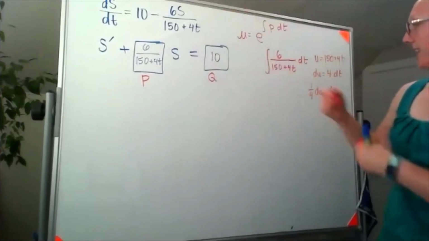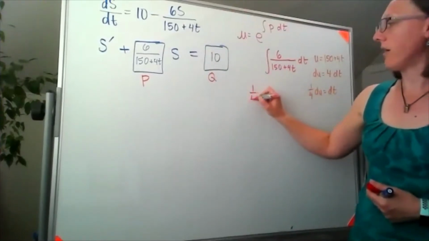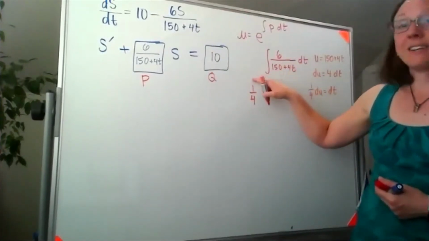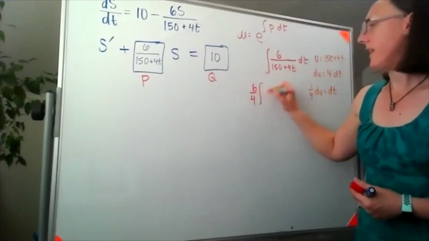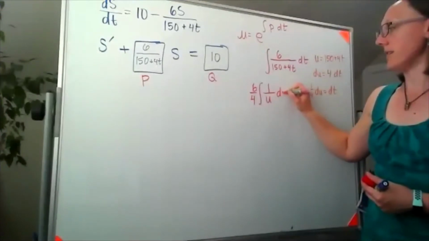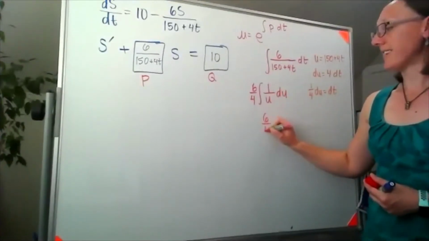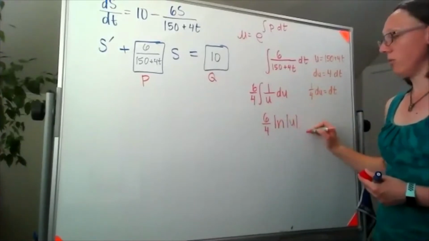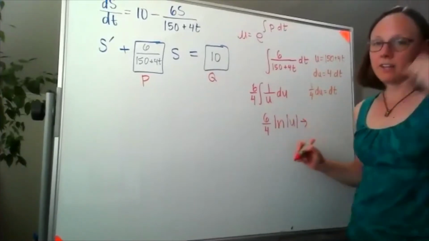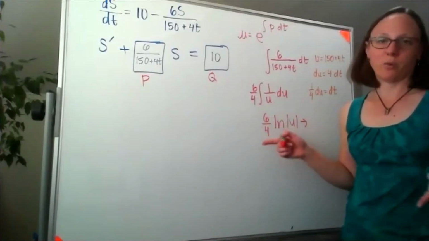That's going to turn this into 1/4, and I can move my 6 out in front as well. So let's make that a 6/4, the integral of 1 over u du, or 6/4 natural log of u. And finally, that 6/4 I can call 3/2.